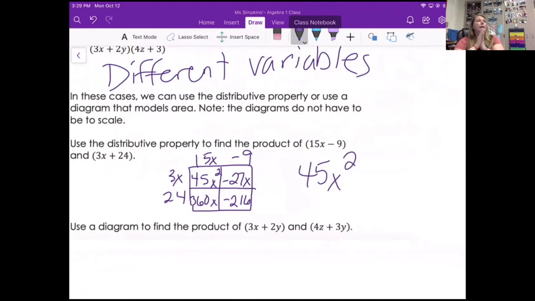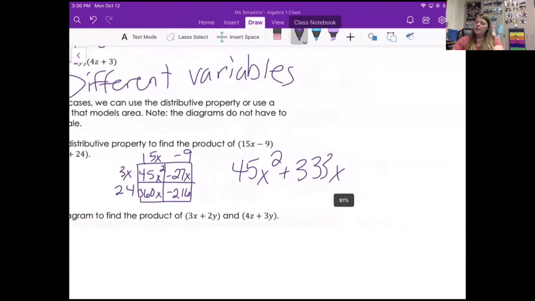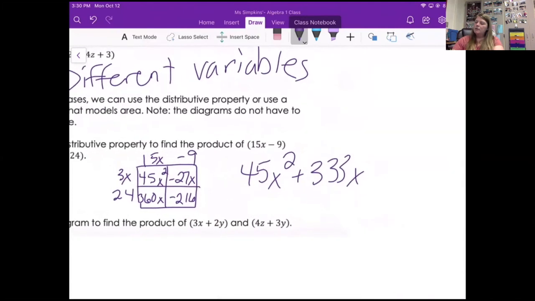And I can combine them. 360 plus negative 27, or minus 27, is 333x. Remember, if we're adding negatives, we're subtracting. Minus 216. And that is it.